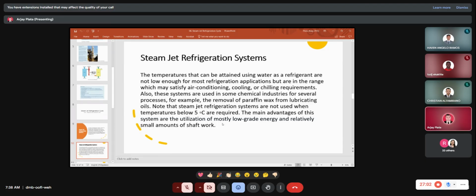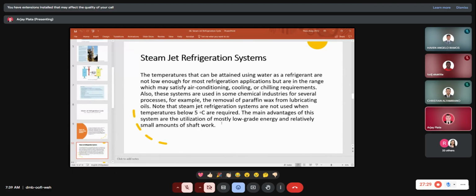Okay, so the temperatures that can be attained using water as a refrigerant are not low enough for most refrigeration applications, but are in the range which may satisfy air conditioning, cooling, or chilling requirements. Actually, we seldom use steam jet refrigeration.